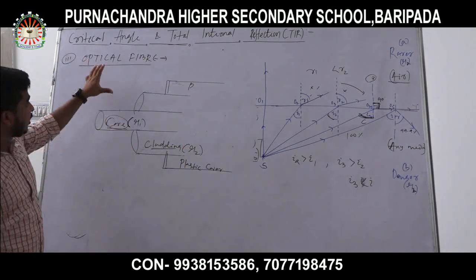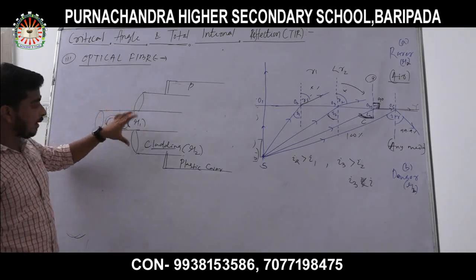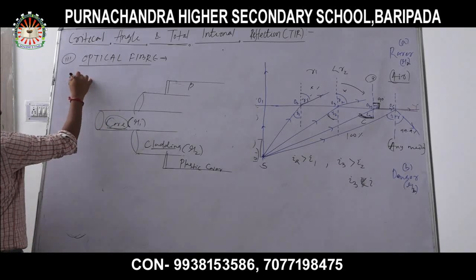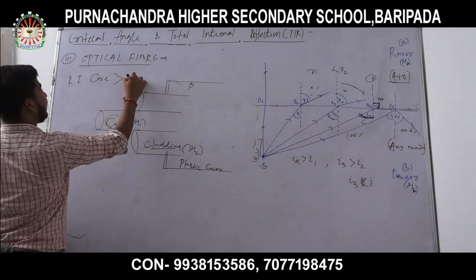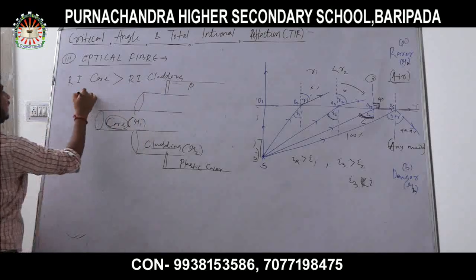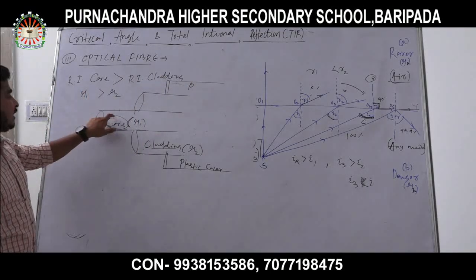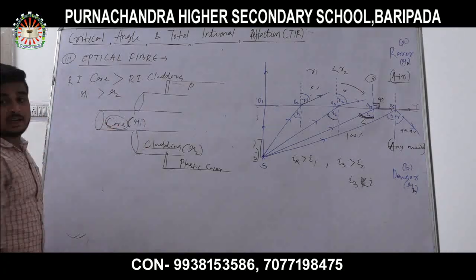We fabricate optical fiber in such a way that the refractive index of core is greater than the refractive index of cladding, that is, mu1 is greater than mu2. It means the core is the denser medium and the cladding is the rarer medium.